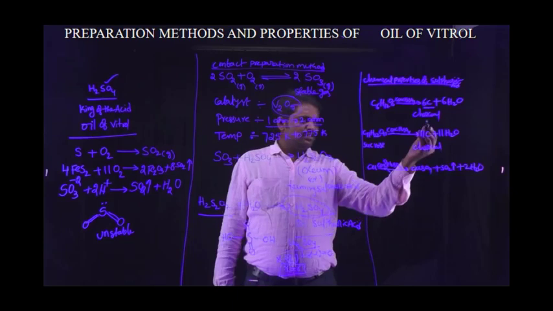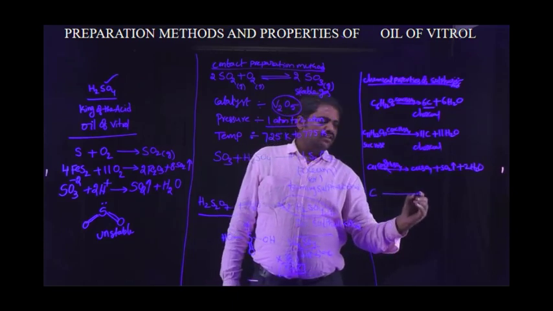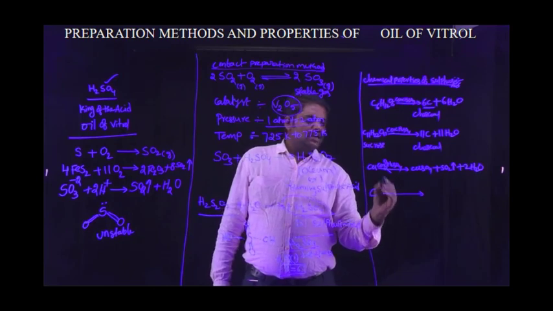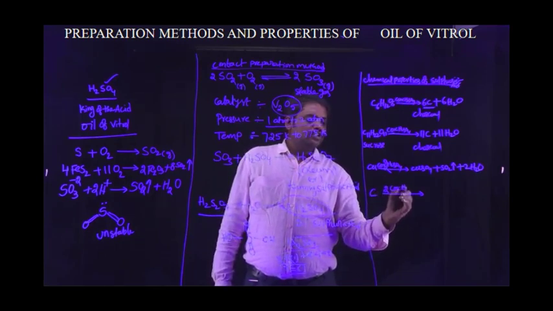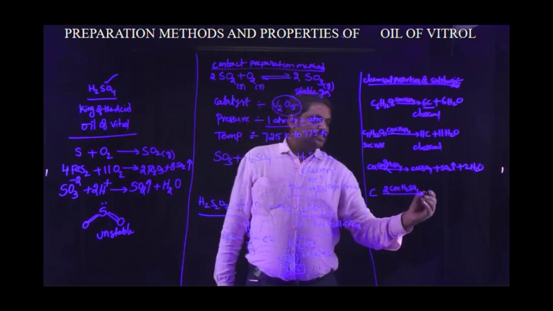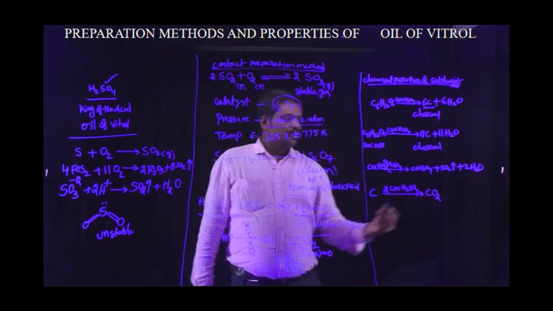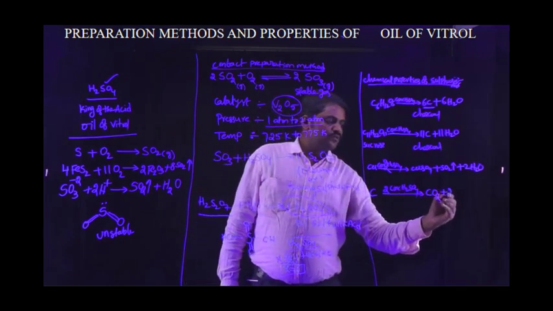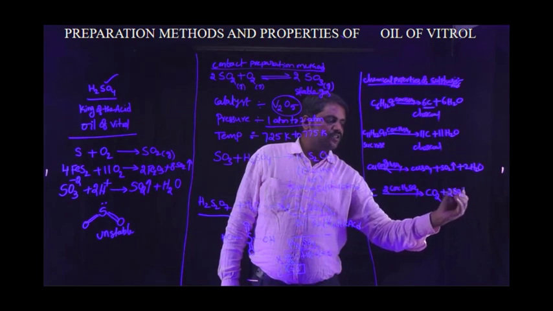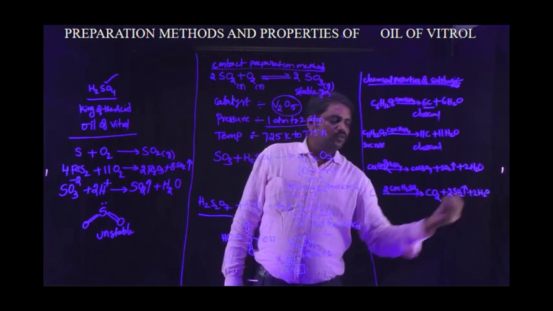And next one, charcoal, like pure carbon, reacts with concentrated sulfuric acid in the ratio of 1:2. This carbon is converted to carbon dioxide, and 2 moles of sulfur dioxide gaseous molecule are eliminated, and 2 moles of water are also liberated.